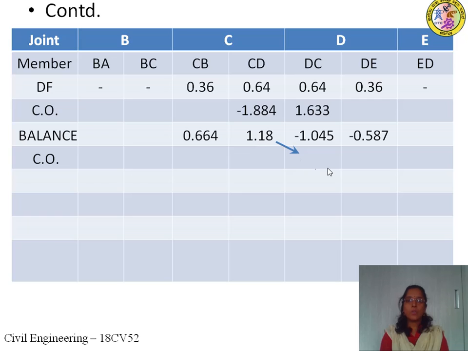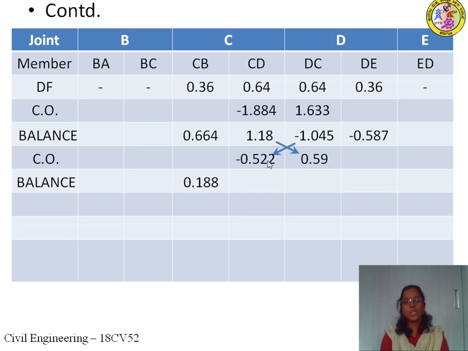Next again carrying over from CD to DC. So half of 1.18 will be equal to 0.59, and from DC to CD, half of minus 1.045 will be equal to minus 0.522. Next again go for balancing. So imbalancing moment at C is minus 0.522. Therefore balancing moment will be plus 0.522.